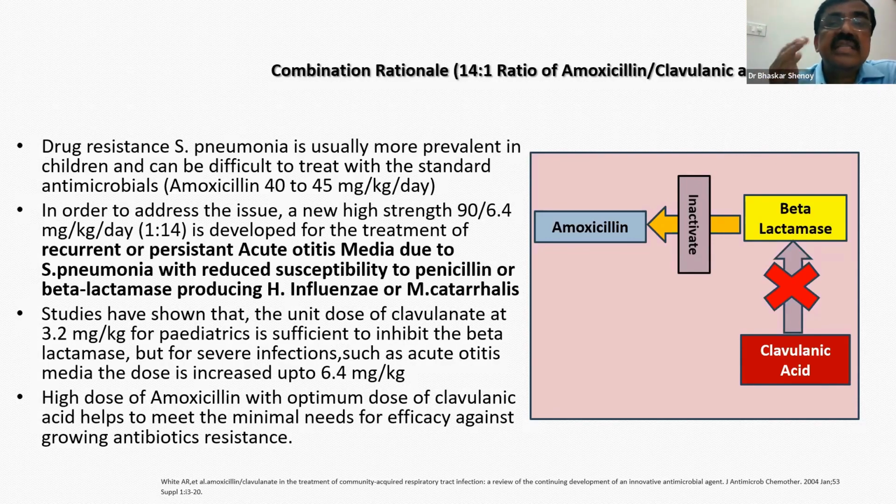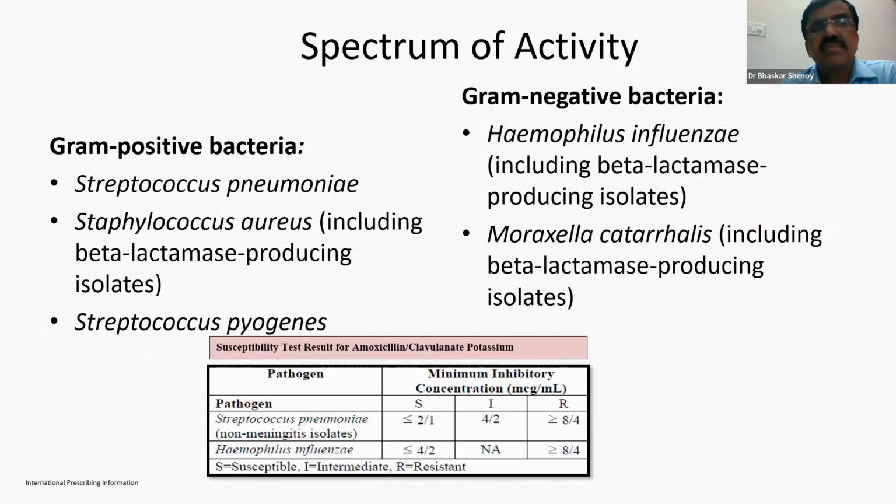So this increased concentration of amoxicillin in the high dose combination has an effect against all these strains and these resistant organisms also. So this high dose has action on Streptococcus pneumoniae, Staph aureus, Streptococcus pyogenes, and other gram-negatives like Haemophilus influenzae and Moraxella catarrhalis.